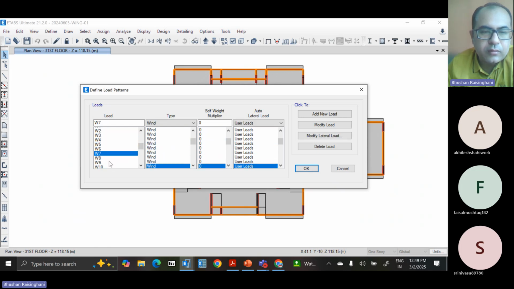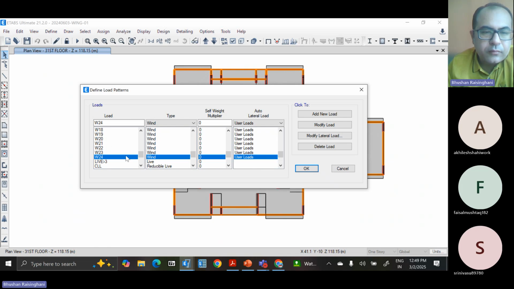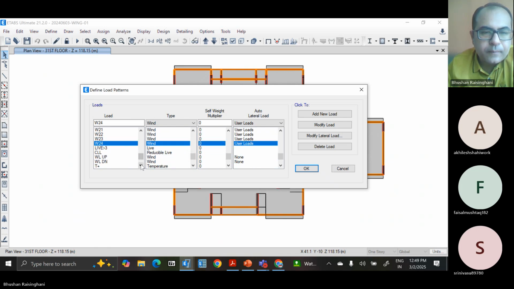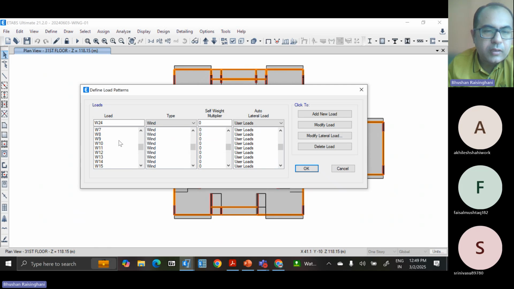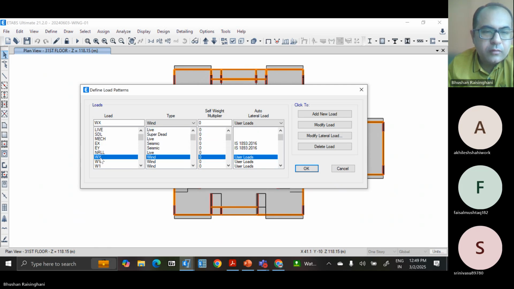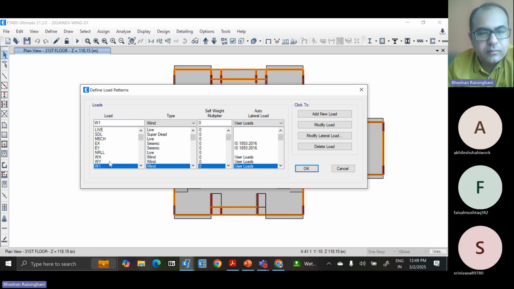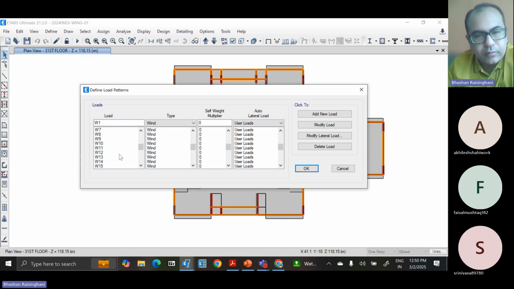So wall 6, wall 7, number wise it has been given, right? So various wall loads are given. So these are the wind loads coming onto the walls. So these are all wind loads in different patterns applied. So wind in X, wind in Y, this is additional requirements, user loads, not defined loads.